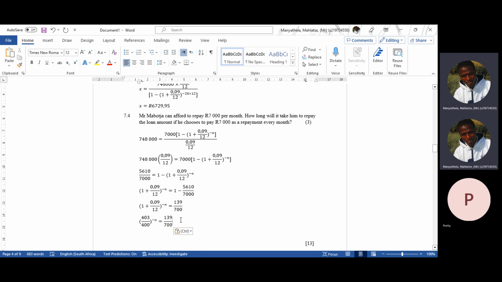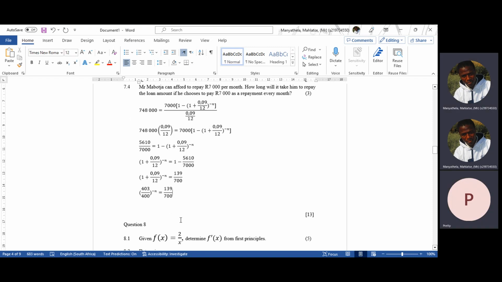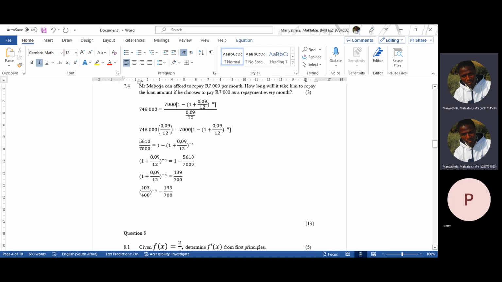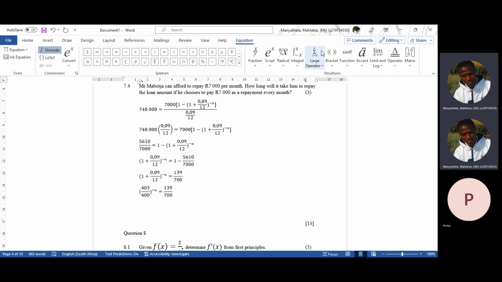We're going to use the law of logs. So we're having something like this, right? To just make it simple, our exponent is negative n. Negative n is equal to, this one will be treated as a base and this one as a power, something like that.